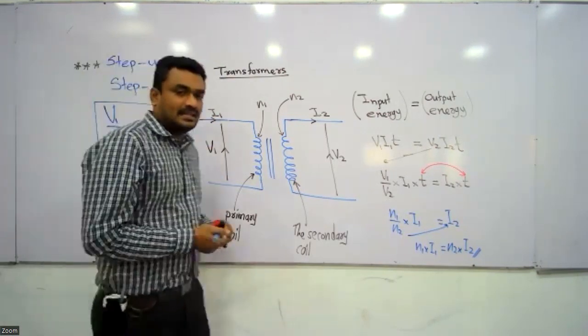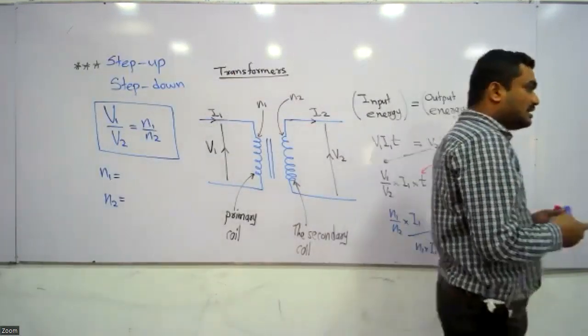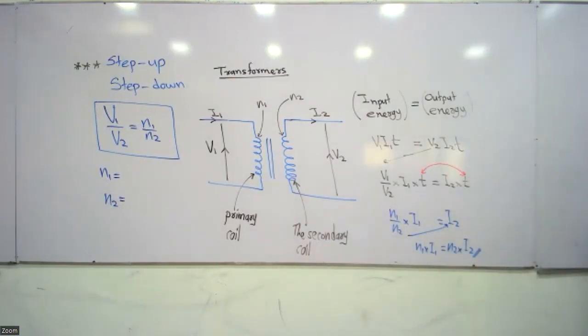It's known as a step down transformer. If a transformer decreases the voltage, it's known as a step down transformer. Underline the words step up, step down.